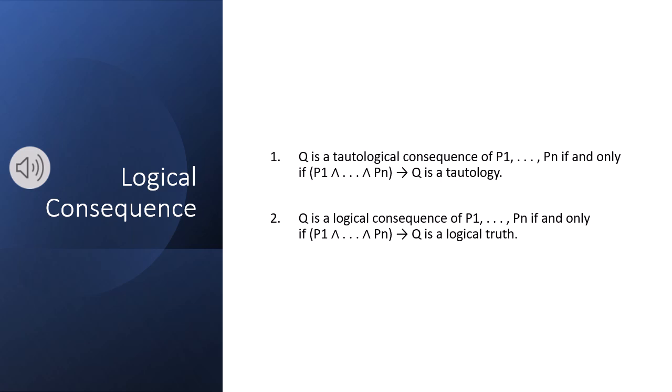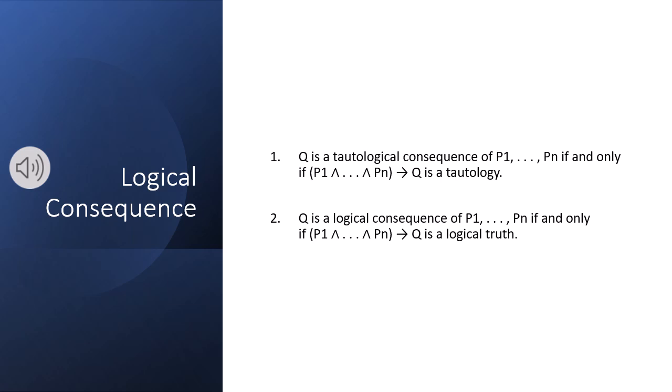So we can check a tautological consequence not by having to go through the entire table and looking for all the places where P1 through Pn are true and then checking to see if Q is true, but instead just looking at the truth values of this single sentence.